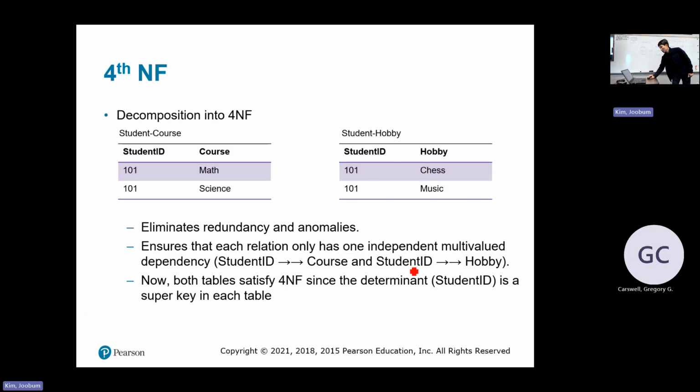Student ID and course, and student ID and hobby. So if a relation has a multi-value dependency, we have to split it into independent columns: student ID course, student ID hobby. Make sense? A little bit?